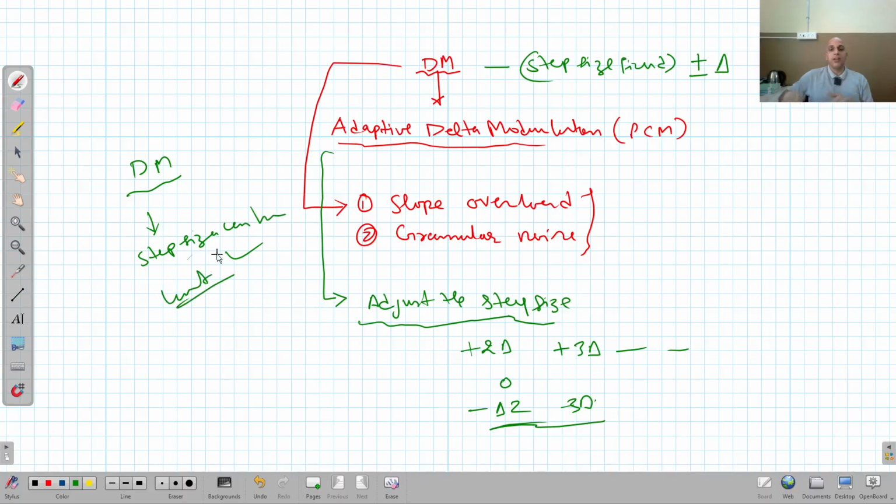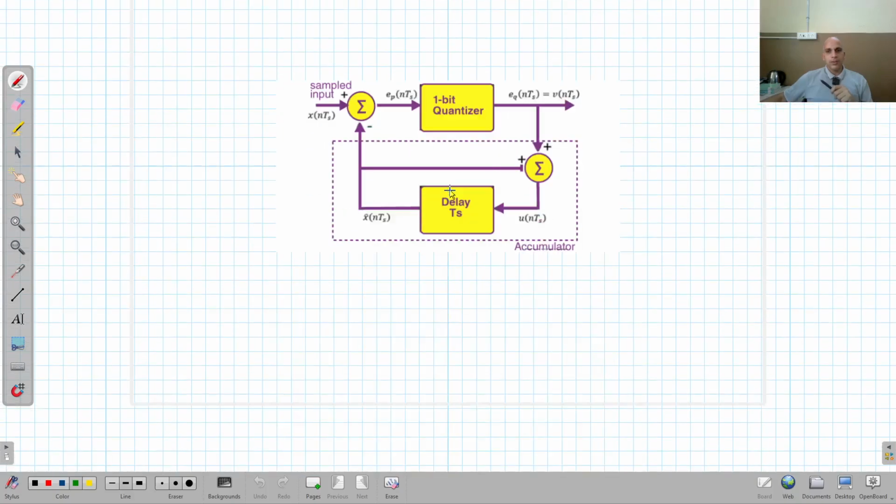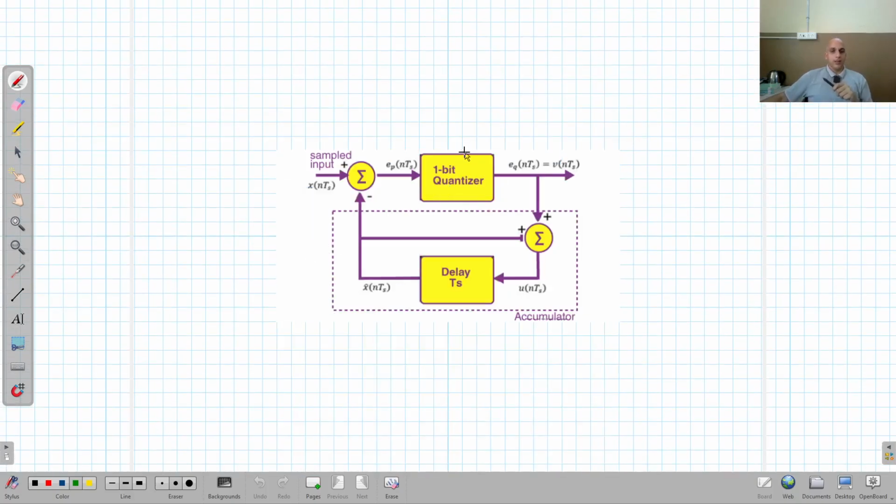The other things will remain the same. You can recall this schematic diagram; it is the diagram of delta modulation.